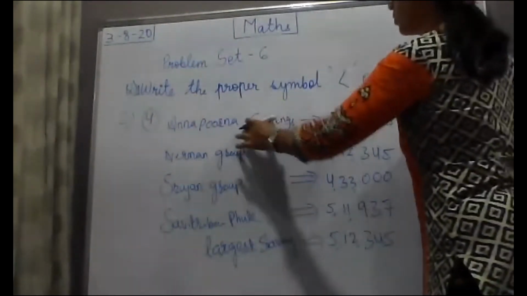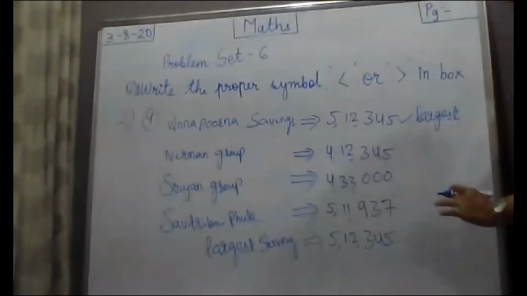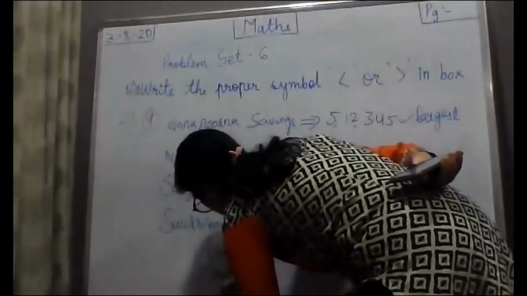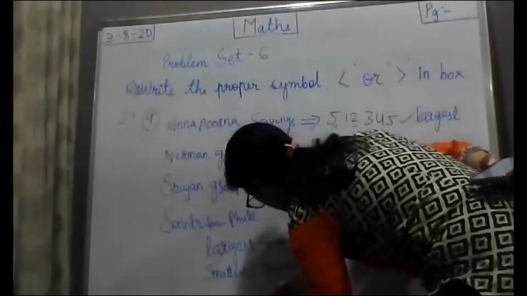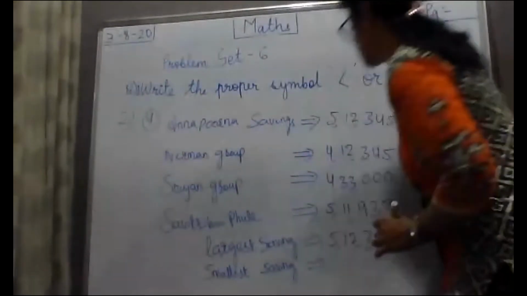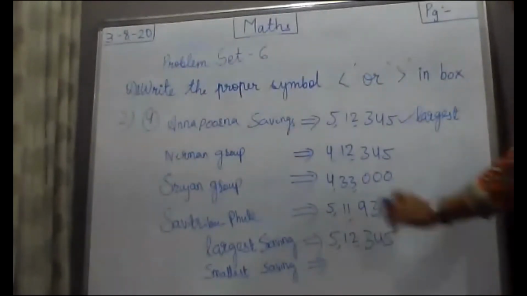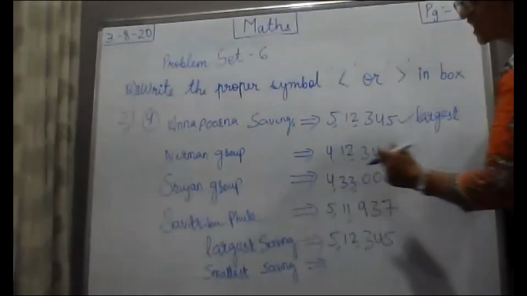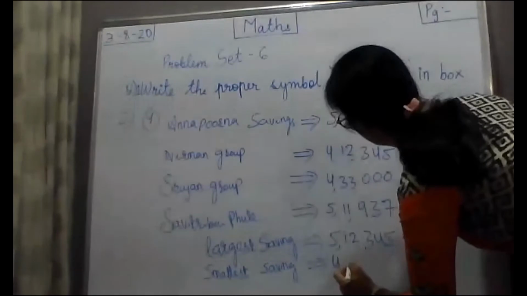This group, Annapurna Savings Group, has the largest sales of goods. Now the smallest. From these two numbers, who got the smallest? This one, 4,12,000, because here it is 4,33,000. So this one is the smaller.